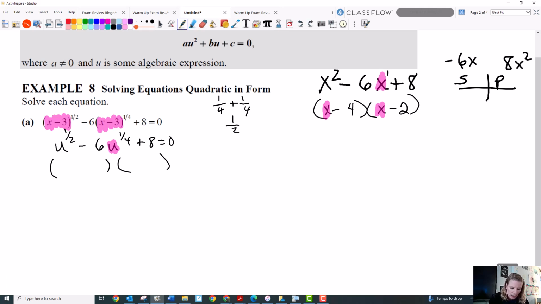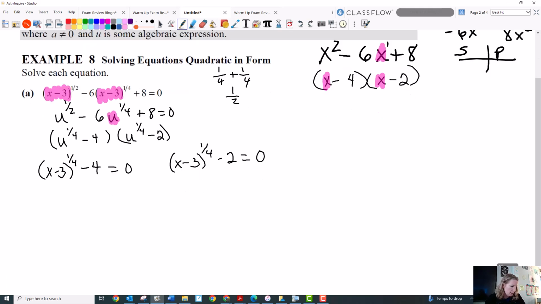So that's going to be u to the 1/4 minus 4 and u to the 1/4 minus 2. And then you sub your x minus 3 back in, and you set them separately equal to 0.